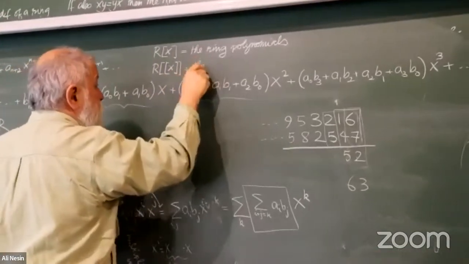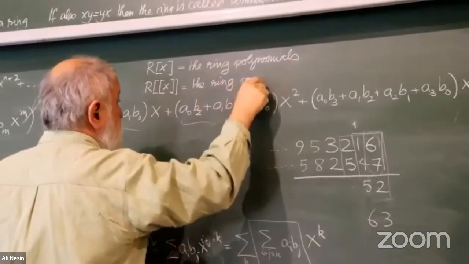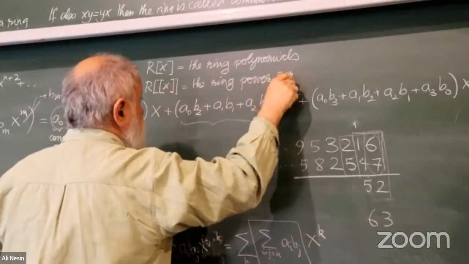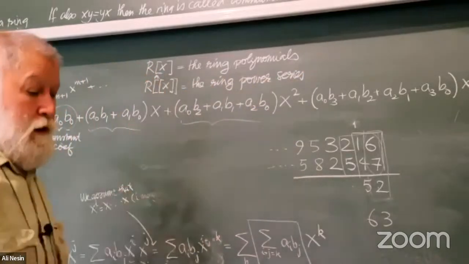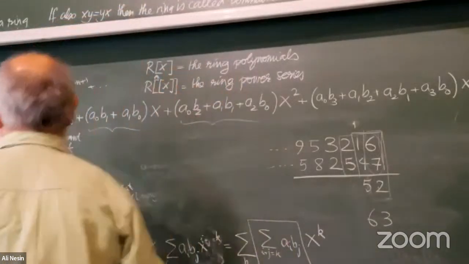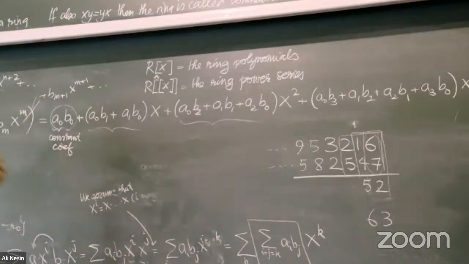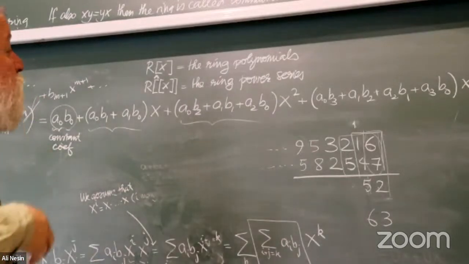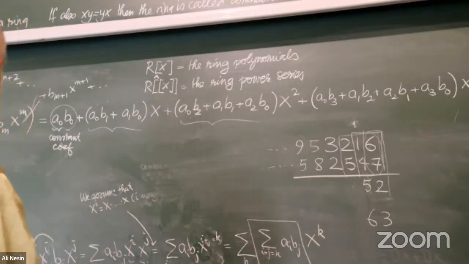The ring of power series. This is inside this, of course. Each polynomial is a power series. You go forever, but these are zeros. After a while, in a polynomial, the coefficients are all zeros. But in power series, you go forever.